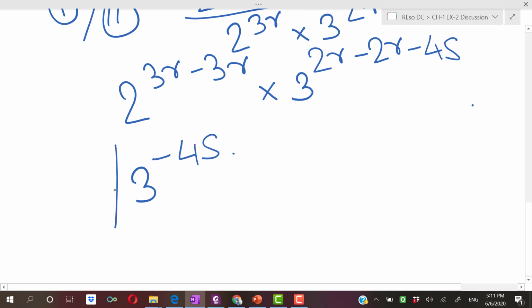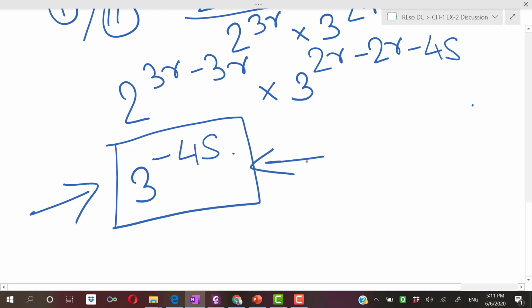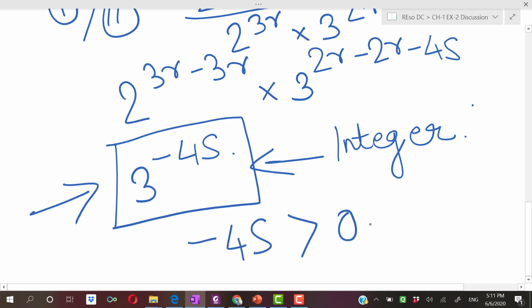So for this expression to be an integer, this minus 4s should be greater than 0, because if minus 4s is less than 0, in that case this will be 1 upon 3 raised to the power 4s.